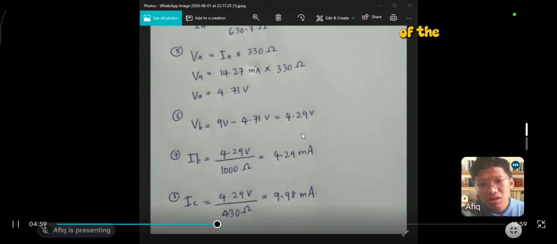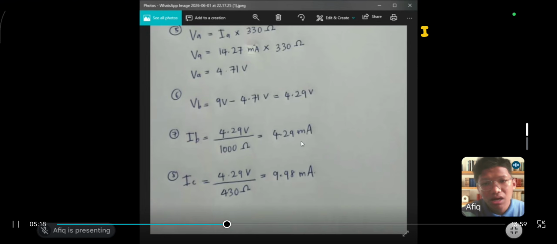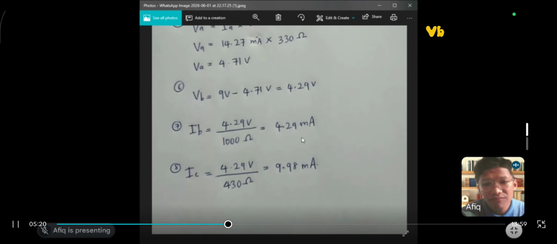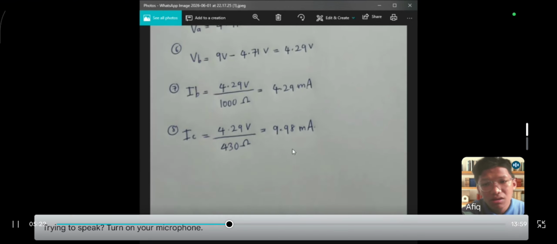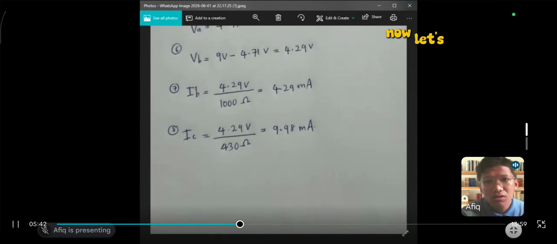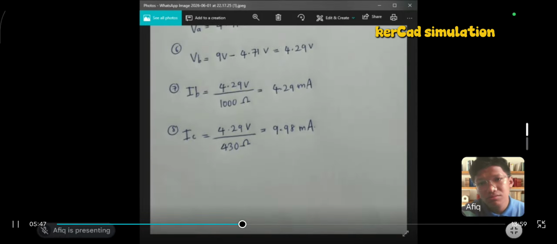And branch current IC is VB divided by R series. The value of VB is 4.29 volt divided by 430 ohm for R series, and we got the answer 9.98 milliampere.